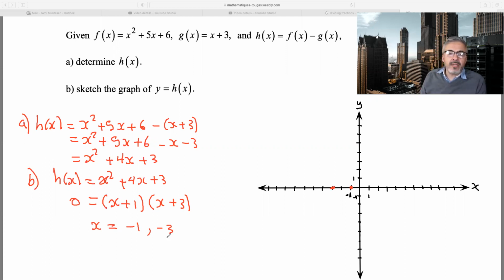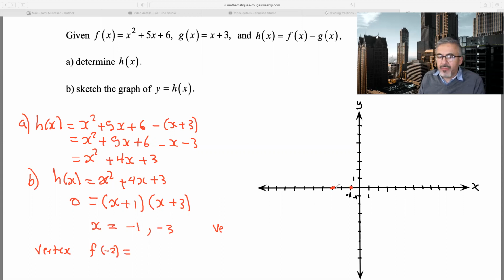And I could find the vertex by just doing h of -2. Why -2?